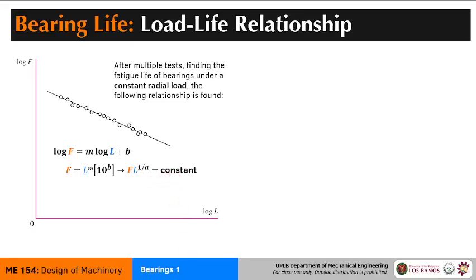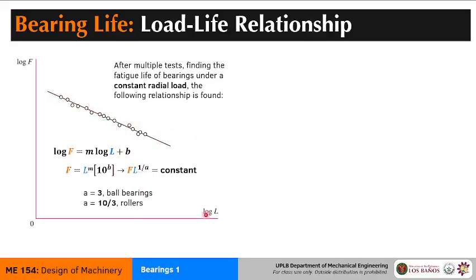It's a constant denoting the type of rolling contact element. If you have a ball bearing, your a here is 3. If you have a roller, it's 3.33.